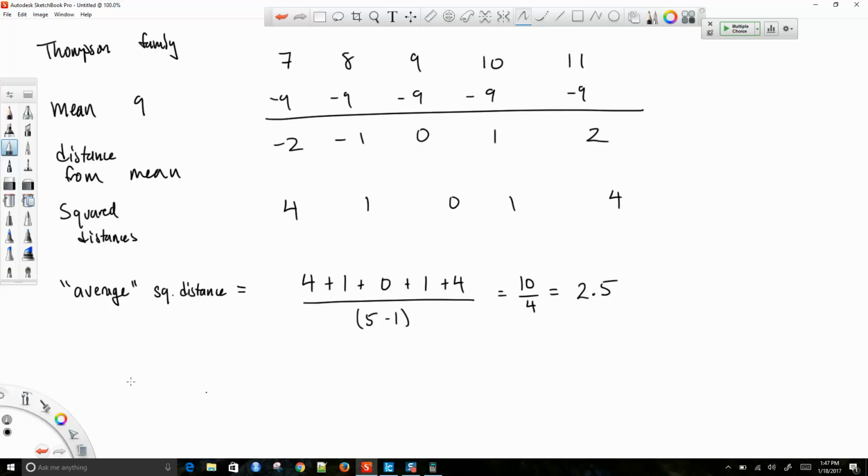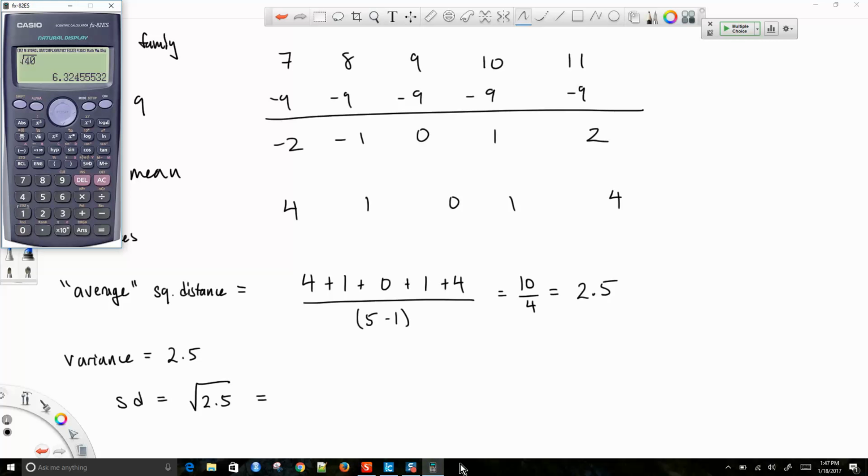So here my variance is 2.5. And my standard deviation is going to be the square root of 2.5, which is 1.5811.